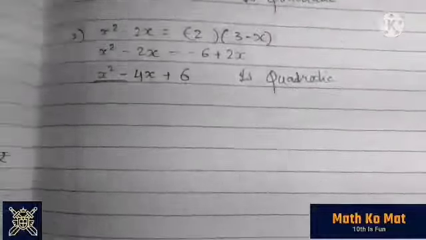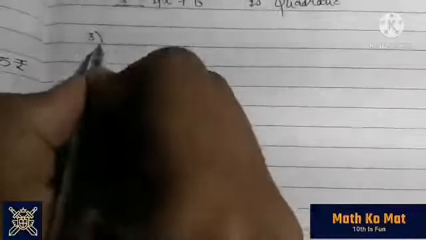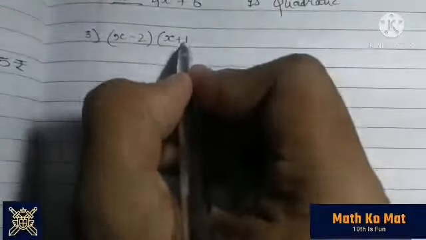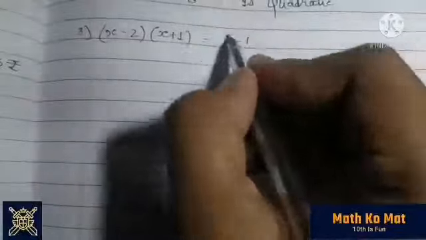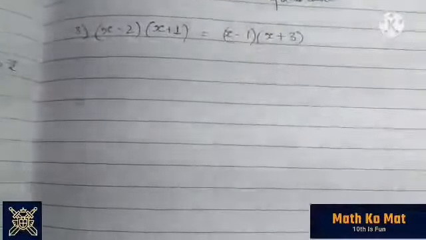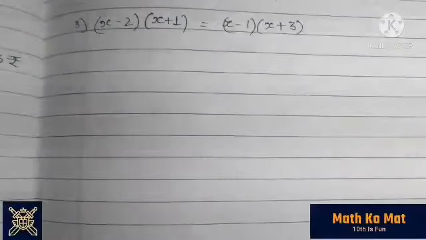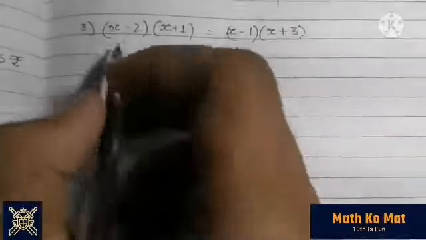Now let's move on to the third part. For the third part, we have (x − 2)(x + 1) = (x − 1)(x + 3). Now here you can also use one identity, that is (x − a)(x + b) or something of this kind, but we can also do it directly.